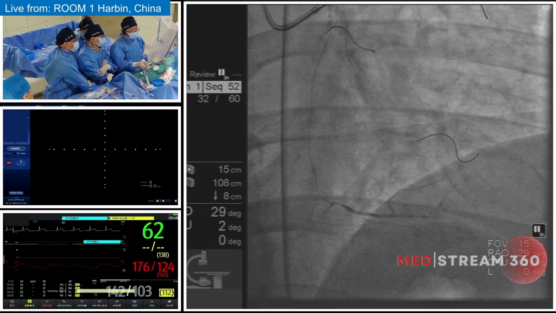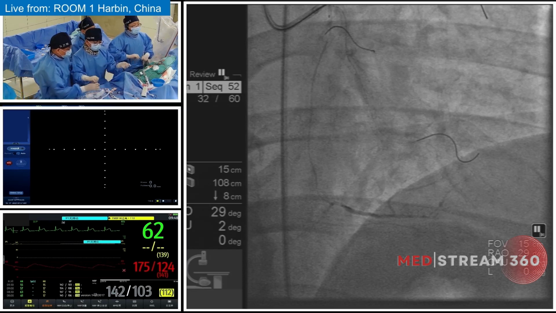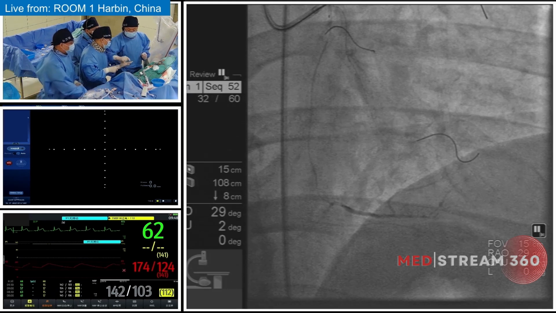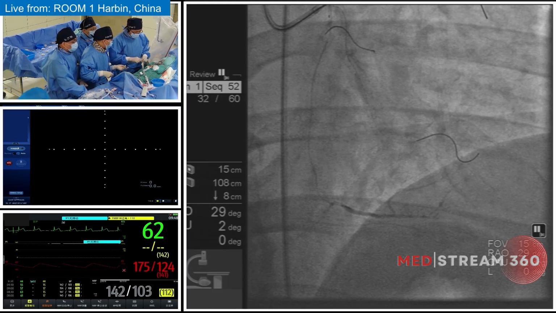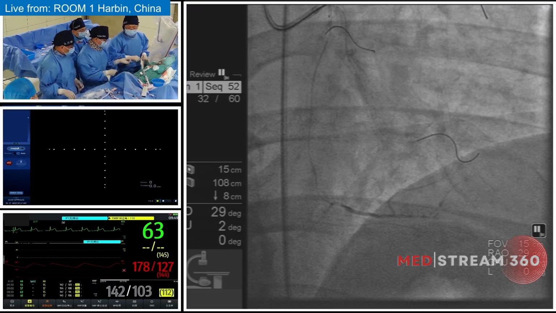Yeah, okay, that's fine. Good channel. Give me the CMR, please. It seems it's connected to some septal, but it's unknown whether it is usable or not.